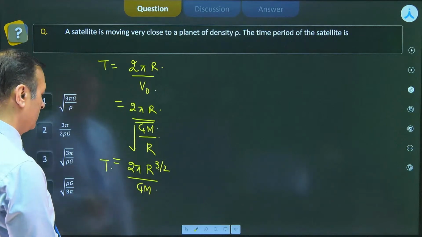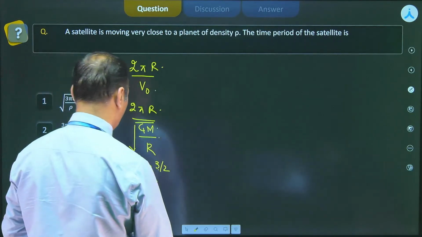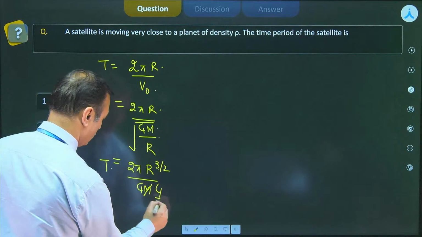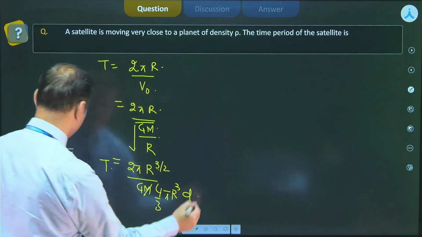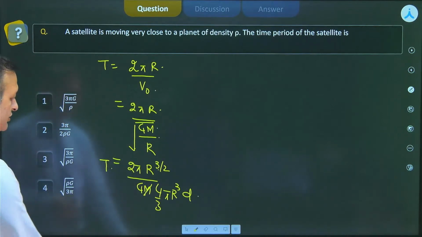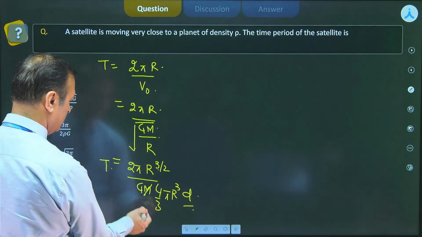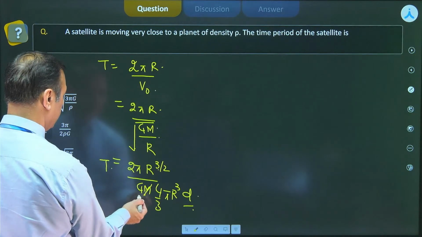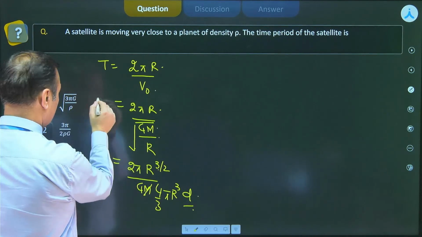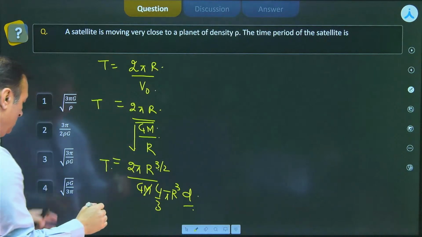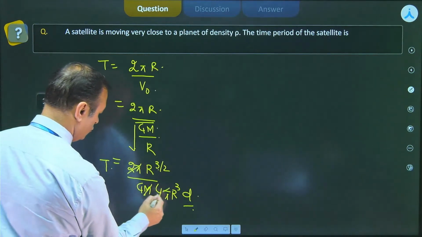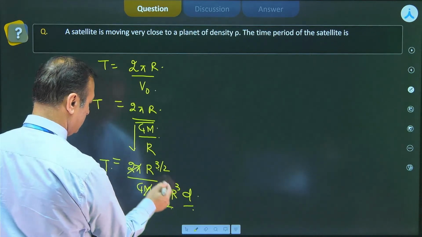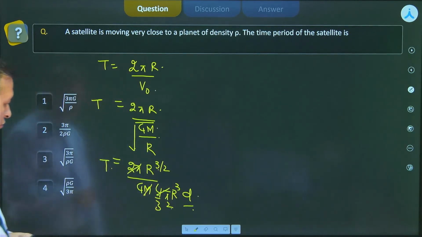And mass we can put in terms of volume as 4 by 3 pi r cube into density rho. So density is on this side, G is on this side. This is T. So this is 2, this is 3 by 2, and this is rho G, and this is what?